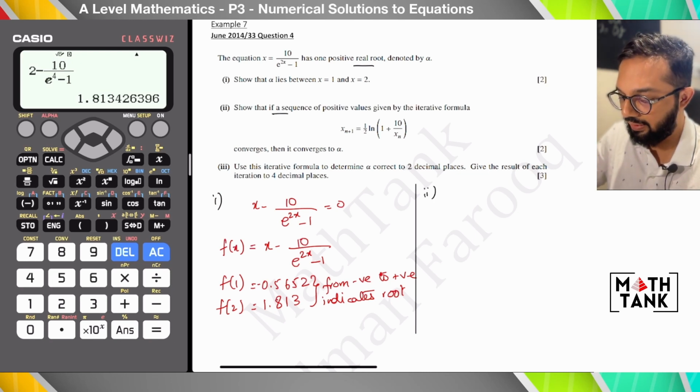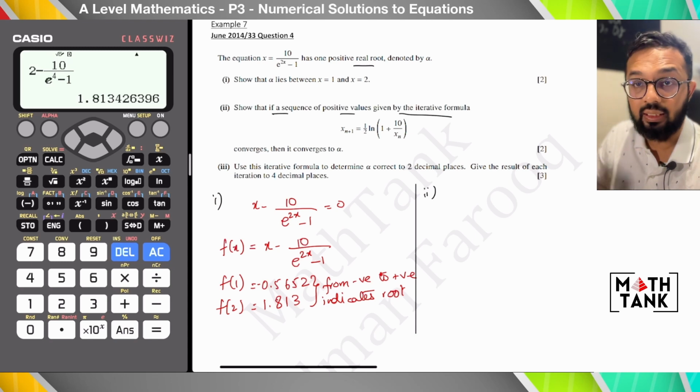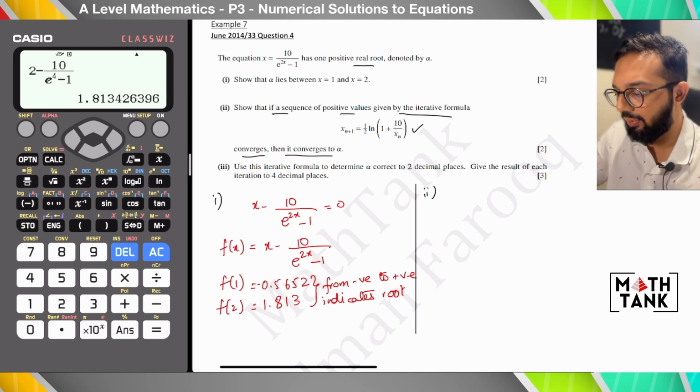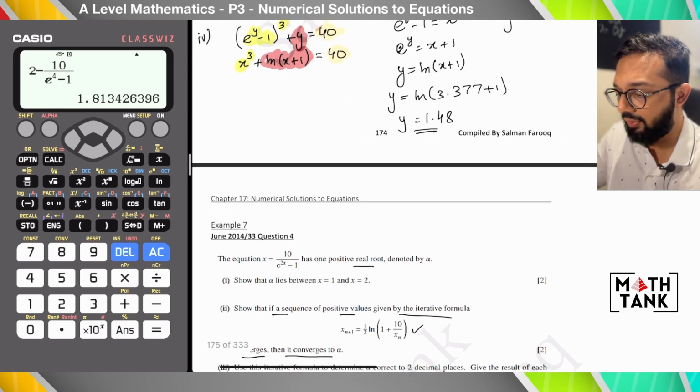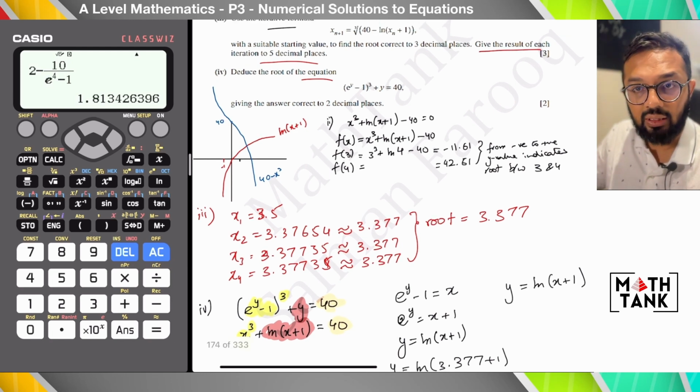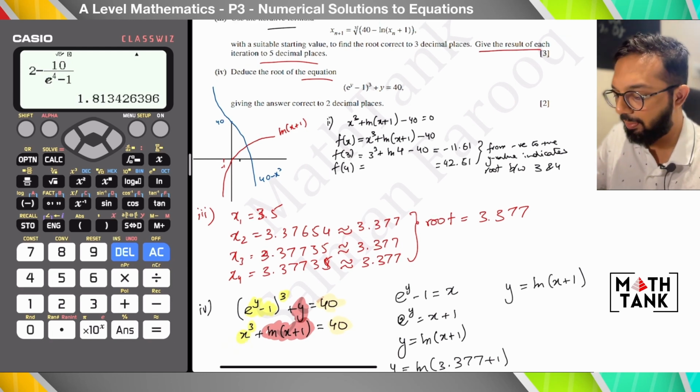It says show that if a sequence of positive values given by the iterative formula converges, then it converges to alpha. Now, what is the meaning of converge? Let's look at that first. What I want you to understand is that converge means meet or get together at a particular point.